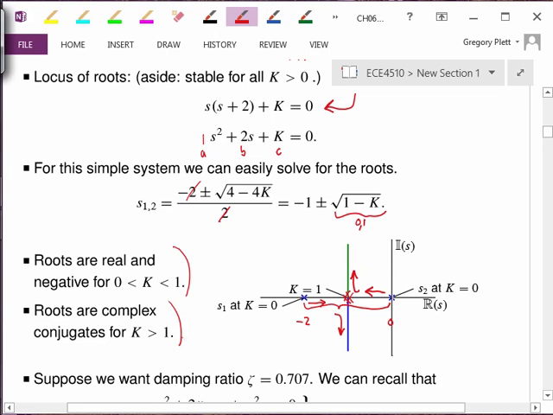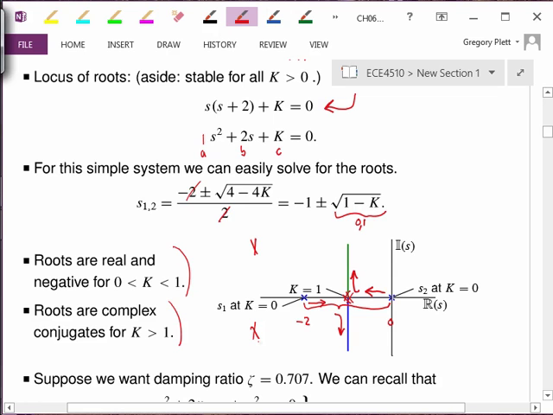And we've seen root locus plots like this before, and we're going to see root locus plots that are quite a bit more complicated than this. But this is an example that we can do by hand, which most often we can't, but in this case we can. And we can see all of the possible pole locations as k changes. If I want poles there and there, I can't do it, not with this system.